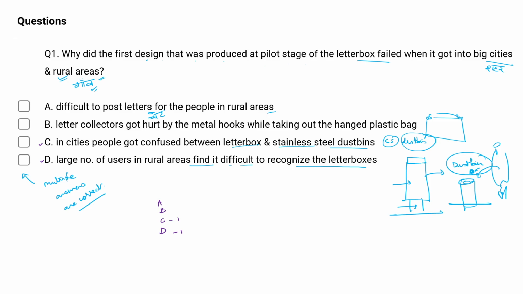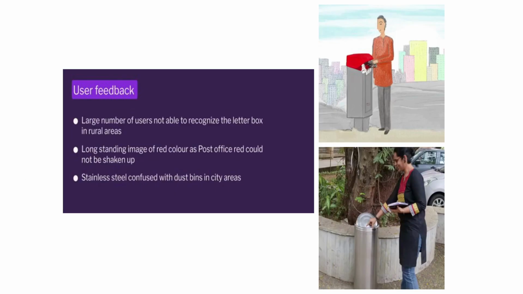All right. So let's see from the screenshots, from the content which has been shared. If you go to the content and the video lecture, it says that the post boxes were installed all across India, and these were basically installed wherever there is a deficit of post boxes.